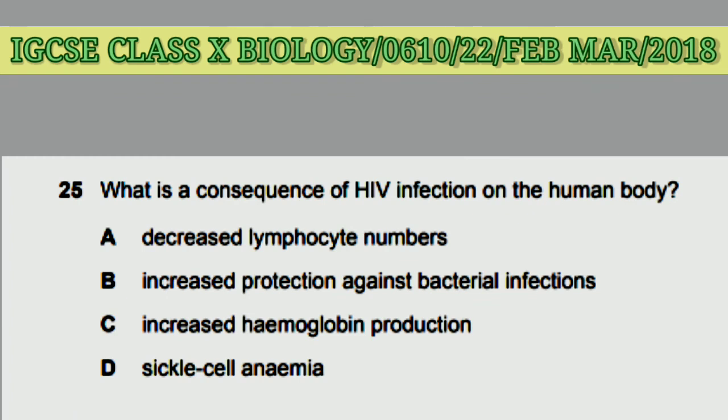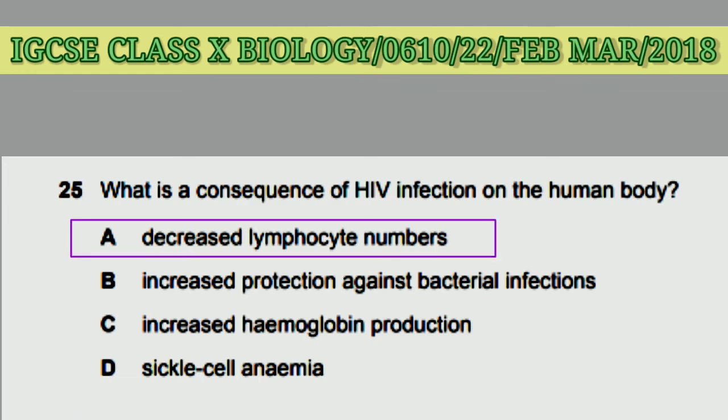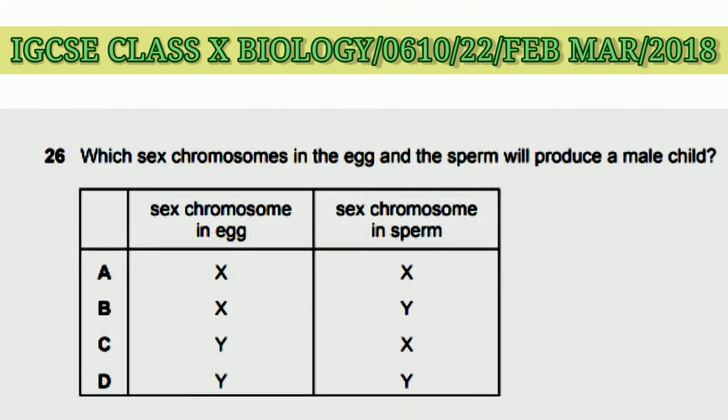25th question. What is a consequence of HIV infection on the human body? And the correct option is A. Decreased lymphocyte numbers. Let's see what is our question number 26. Which sex chromosomes in the egg and the sperm will produce a male child? Sex chromosome in egg are always X only.